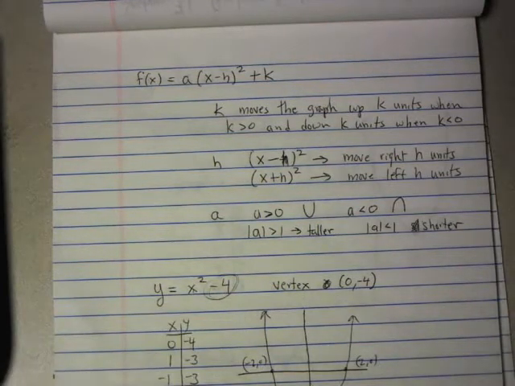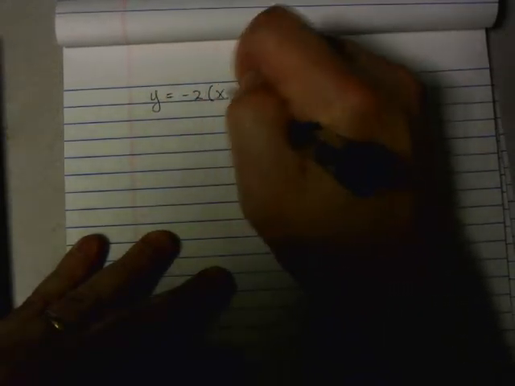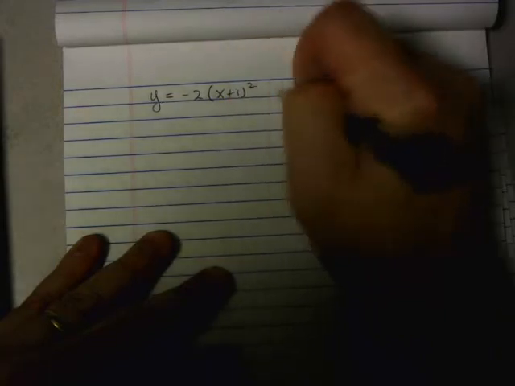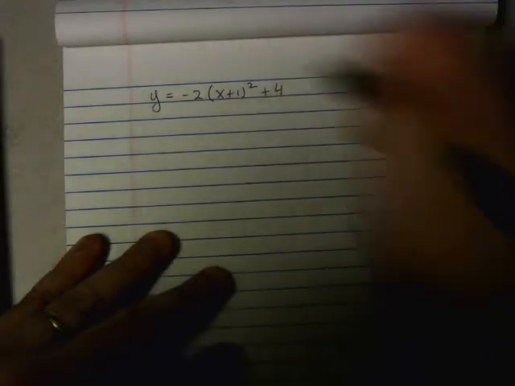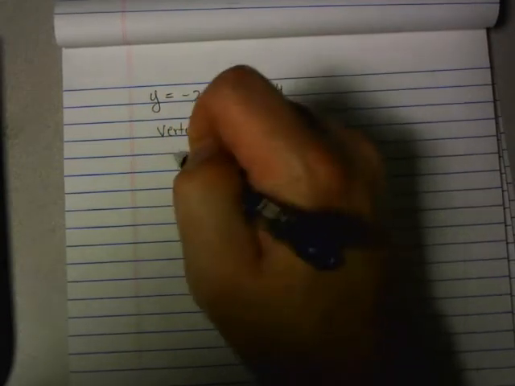Alright, so how is this going to change what you do for homework? Not a whole lot. You're going to have y equals -2 times x plus 1 squared plus 4. The directions are going to be the same. The directions are going to be find the vertex and then draw me a graph.